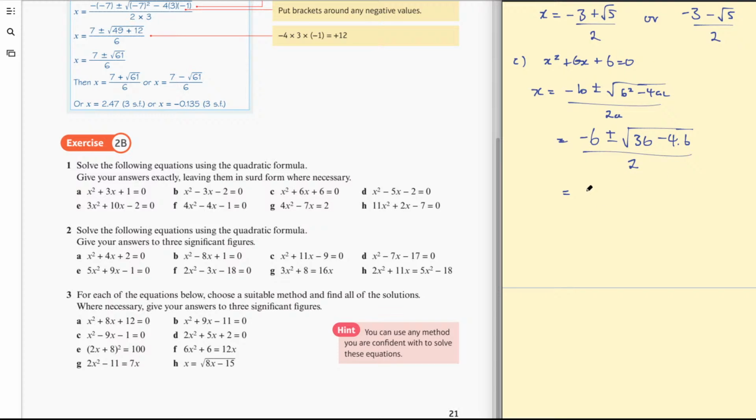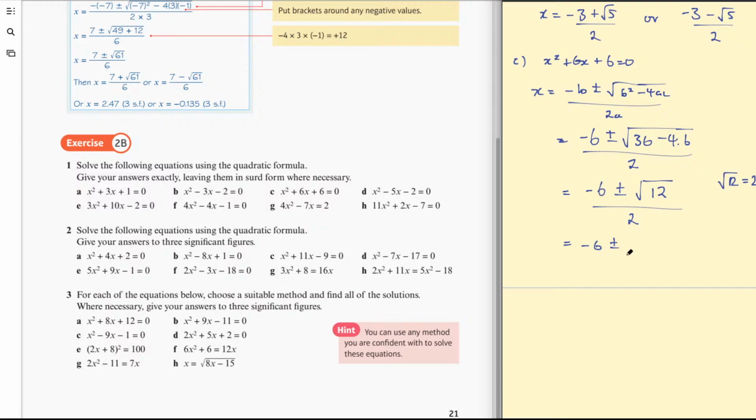Then we just simplify. So we've got negative 6 plus or minus the square root of 36 take 24. That's 12. Square root of 12 over 2. And actually, you can even simplify this one further. If you write this as negative 6 plus or minus, well, you can simplify square root 12 to 2 root 3.